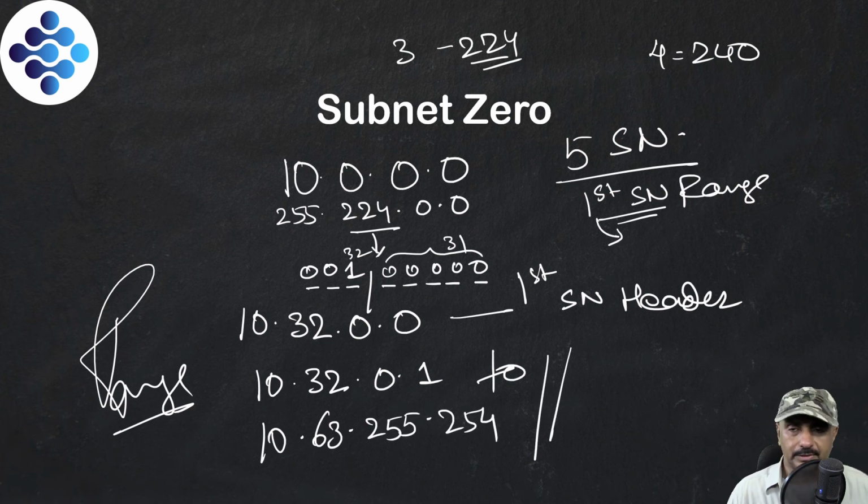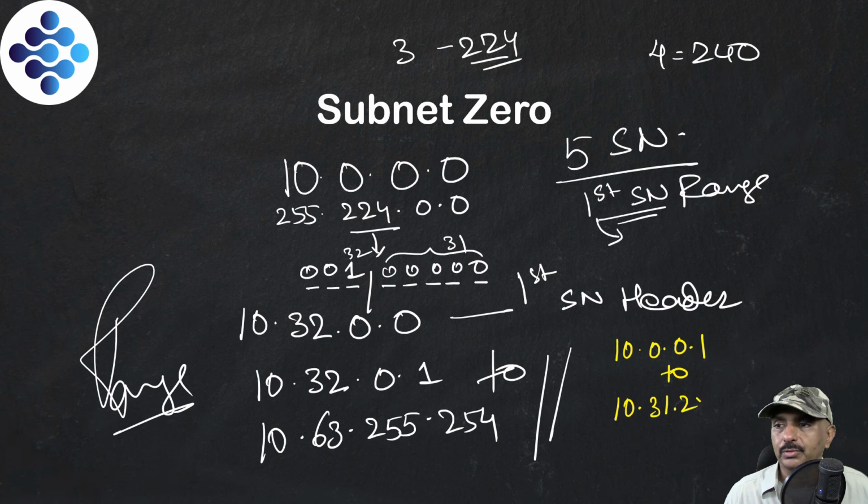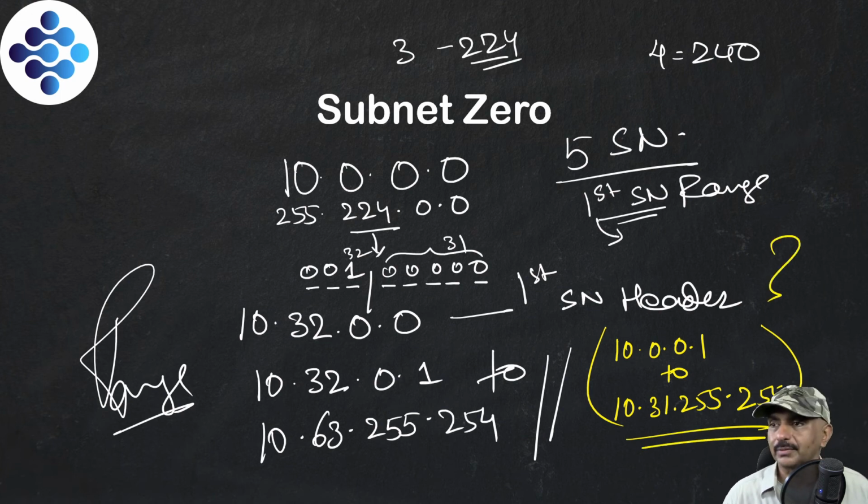This would be the range, correct? Now tell me, we started with 10.0.0.1 to 10.31.255.255. Where are these IP addresses? Where are they?